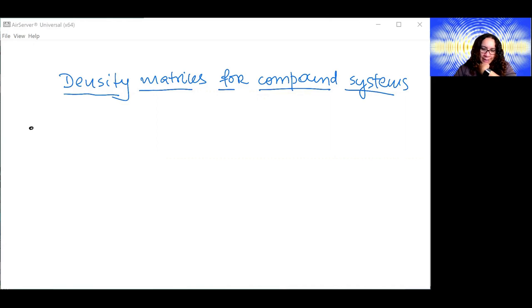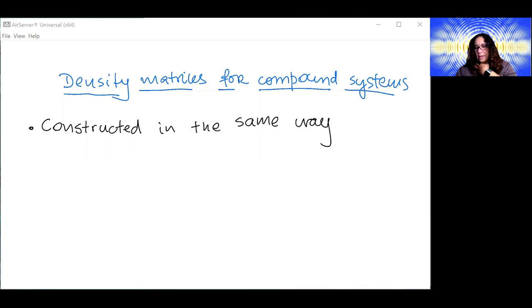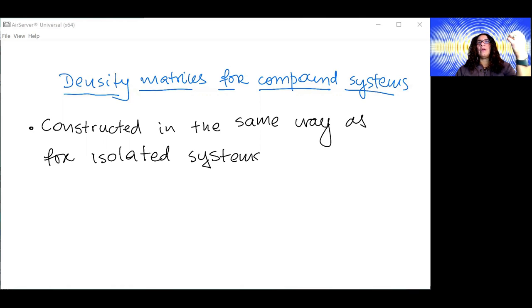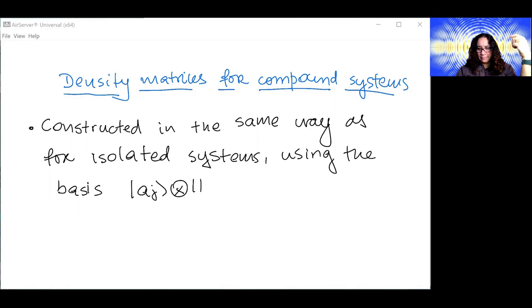So what I can already tell you is that they are constructed in the same way as for isolated systems, using the basis AJ tensor product BK.